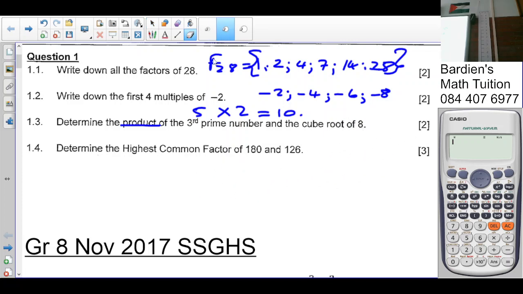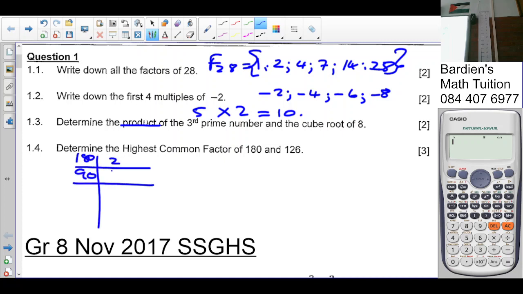Okay. Next one says determine the highest common factor. So the easiest way of doing this is to write each number as a product of its prime factors. So 2 goes into 180, 90 times. 2 goes into here, 45 times. 3 goes into here, 15 times. 3 goes into here, 5 times. 5 goes into here, once.